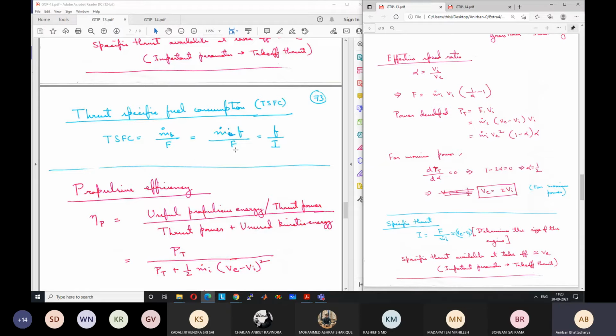It's also a very important parameter. It gives a measure of the efficiency: how much fuel will be required to generate unit thrust. So we need the thrust specific fuel consumption to be as small as possible, so that for unit thrust we need the least amount of fuel.